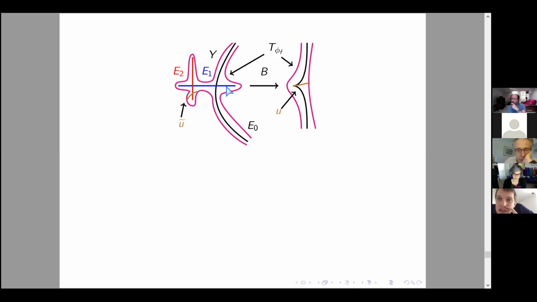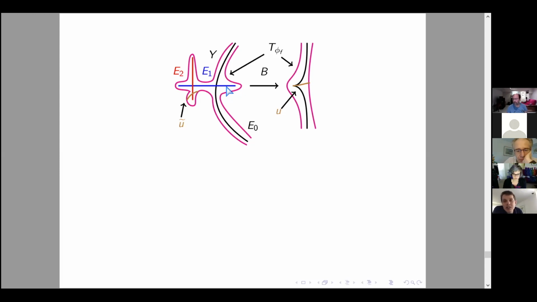Is there a way to phrase your results purely in terms of the cohomology of the resolving divisors E_i instead of the cohomology of arc spaces? Possibly, yes, but it's an extremely complicated story.